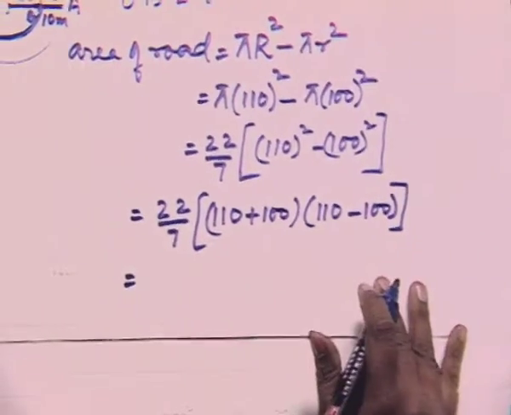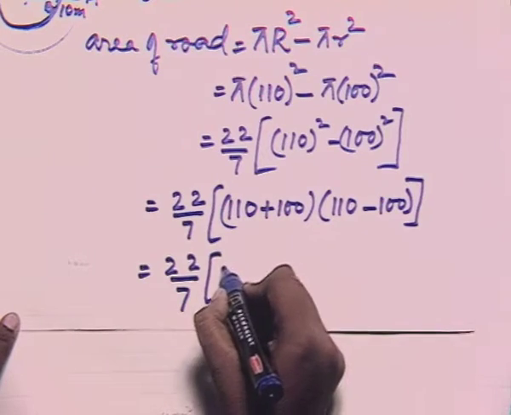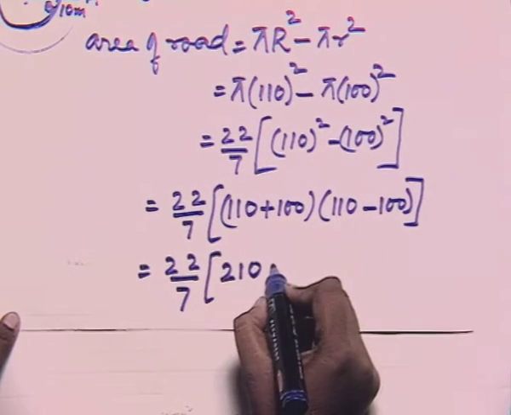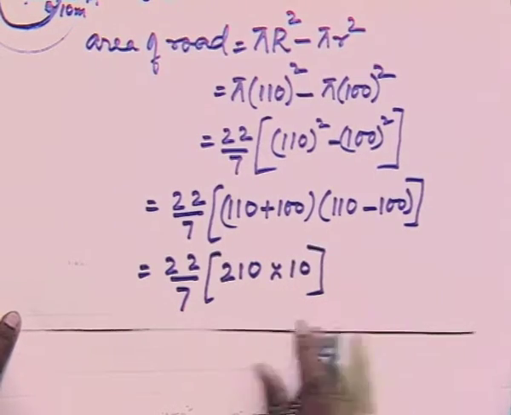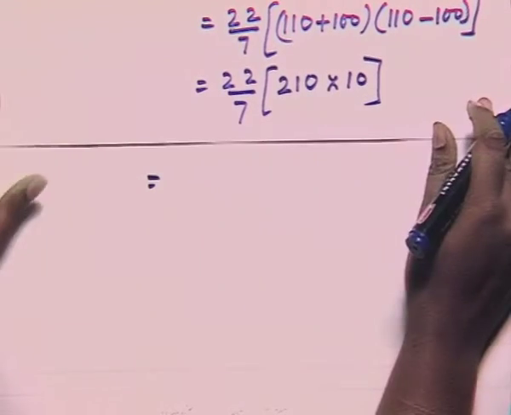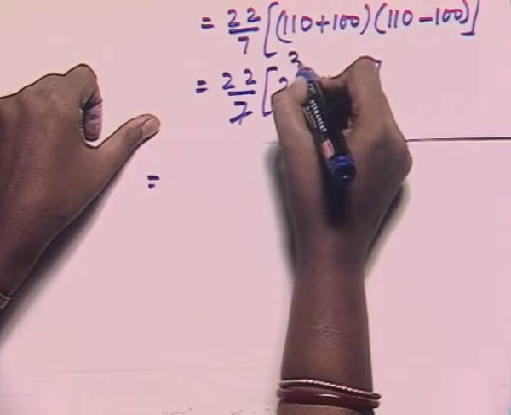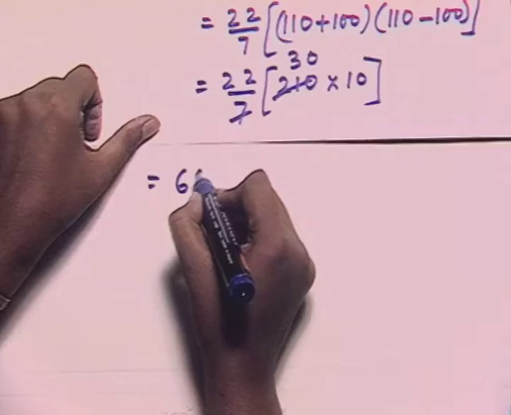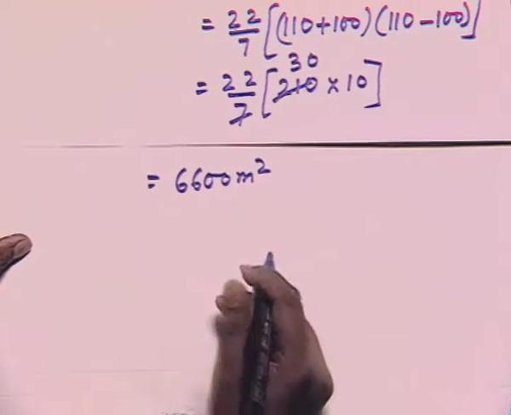This is equal to 22 over 7 multiplied by 110 plus 100, which is 210, multiplied by 110 minus 100, which is 10. Solving this, we get the area of the road as equal to, this gets cancelled, 6600 meter square. So, this is the area of the road.